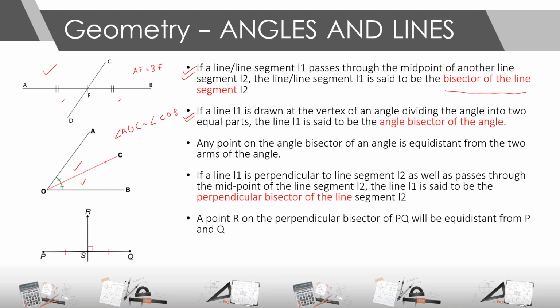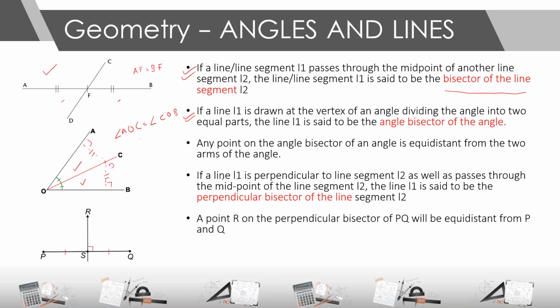So suppose we take a point D on CO. Now the distance of this D point from BO is this perpendicular line, and the distance of D from AO is this perpendicular line. So these two perpendicular lines will have equal length. That is, the distance of point D from AO and BO will always be same.